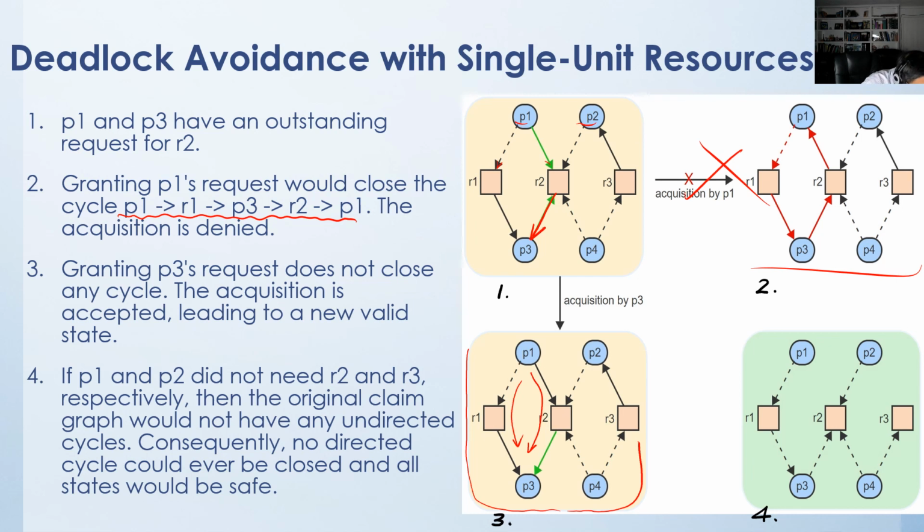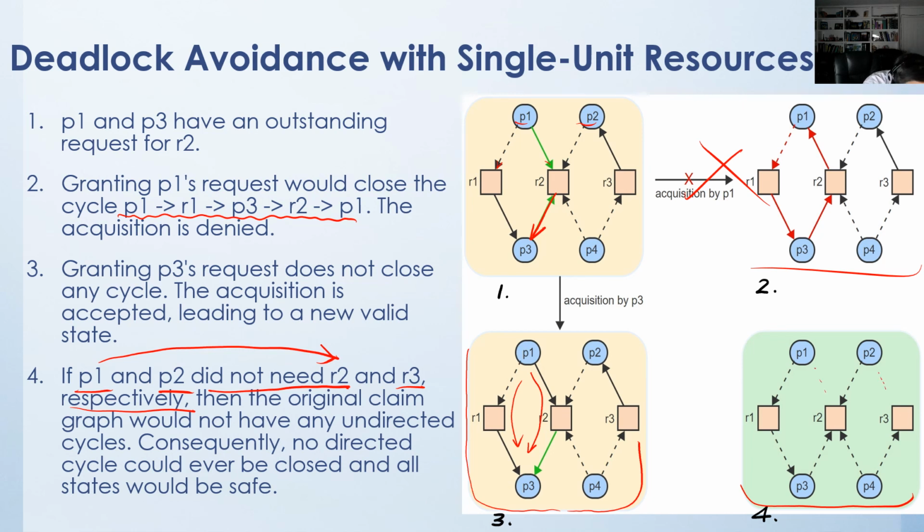Now in case number 4, if the claim graph looks like this, P1 and P2 do not need R2 and R3 respectively. That means P1 doesn't claim R2, and P2 doesn't claim R3. We don't have this one.